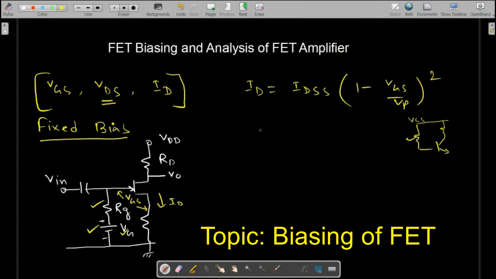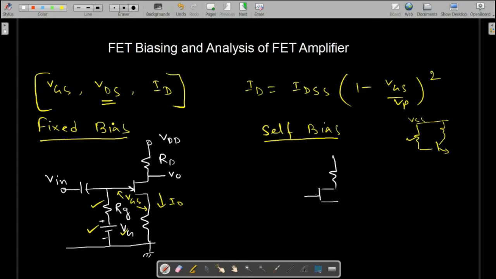Similar to your BJT amplifier circuit, we have a self bias, which is another popular biasing scheme for BJT. The same thing we can do here, self bias circuit. And you know the architecture of self bias.